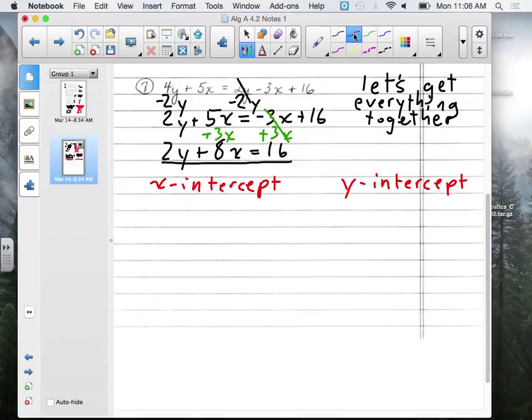Work this one out. So for the x-intercept, we substitute 0 in for y.